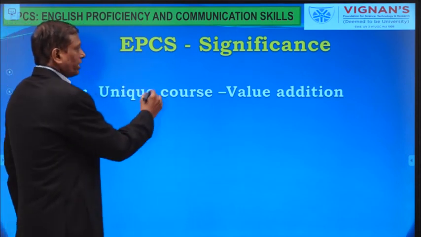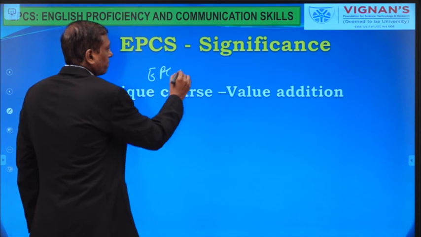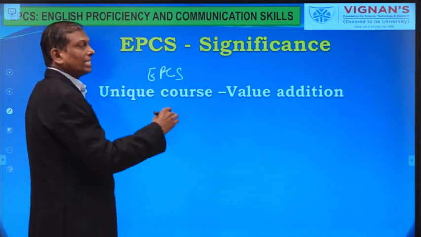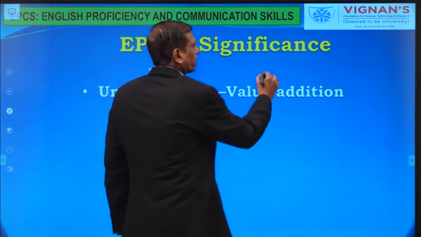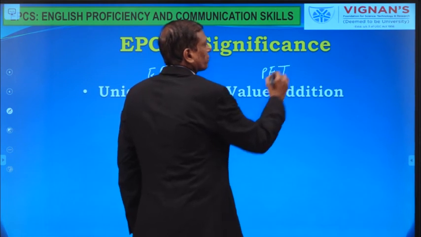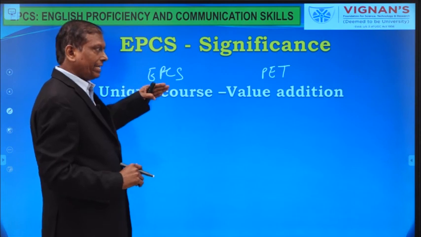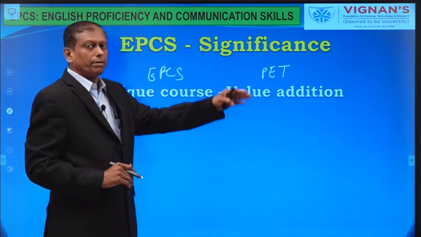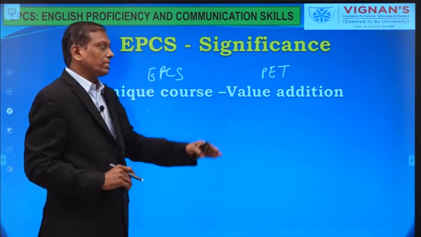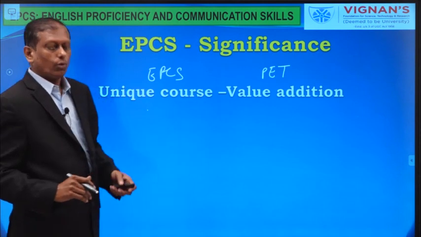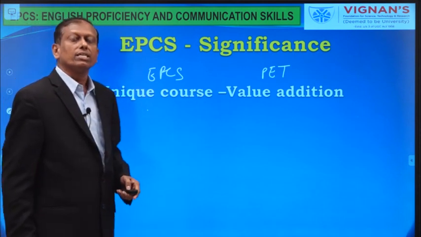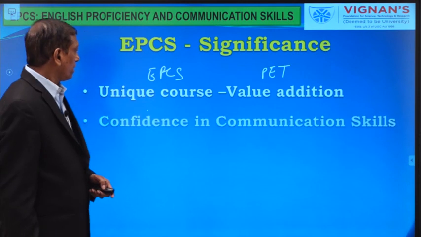And the unique course is our EPCS, and its value addition is the Cambridge PET certification. So a course is like a training for appearing for a Cambridge examination, and you are going to have an international certification for English language proficiency.